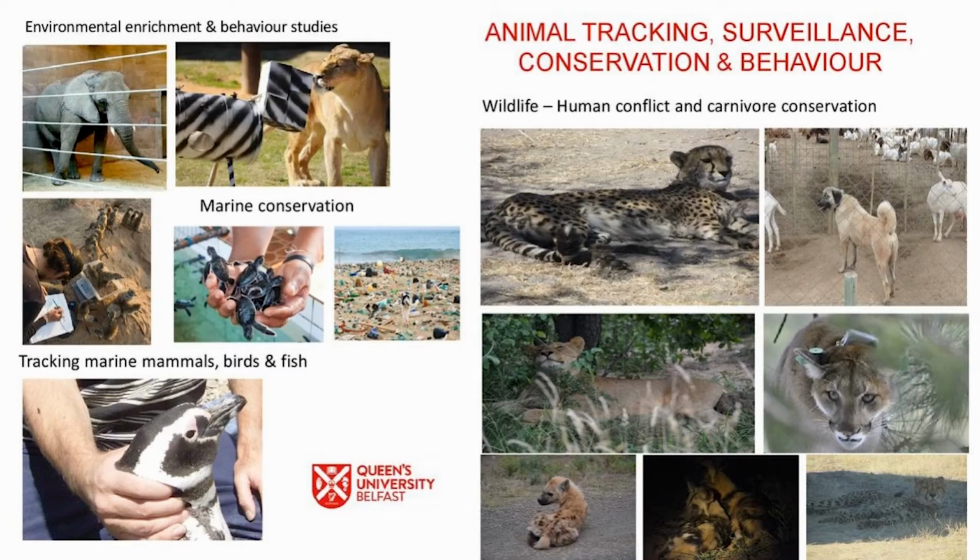Other studies have reared dogs, such as the Anatolian shepherd dog, with flocks of sheep or herds of goats, meaning that the dogs will then protect the sheep and goats from predators such as cheetahs. This approach has been successfully used by one of our collaborators, the Cheetah Conservation Fund in Namibia. Animal tracking also has a very important role to play in animal conservation, particularly for vulnerable species such as the wild dog, etc.